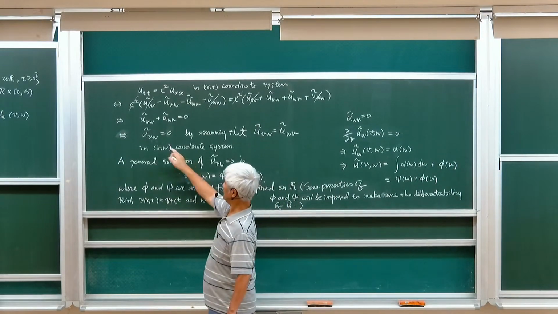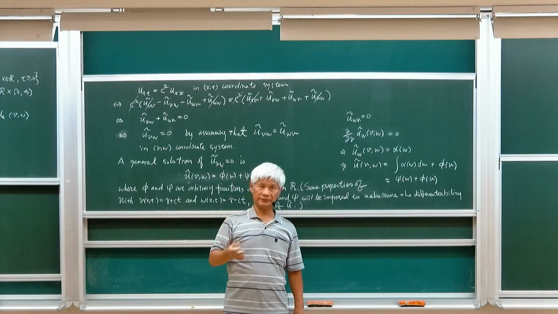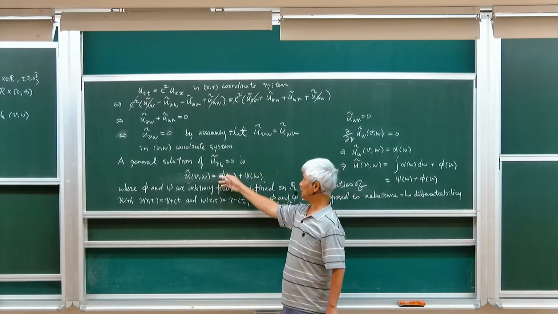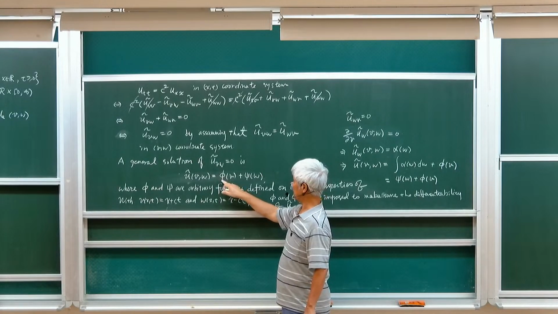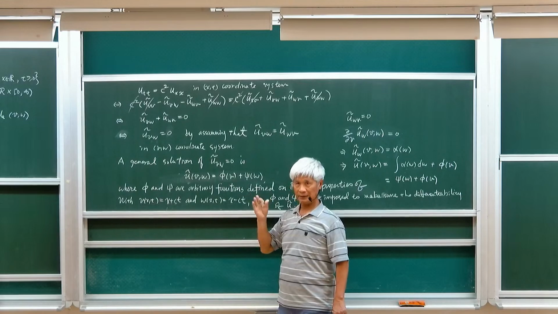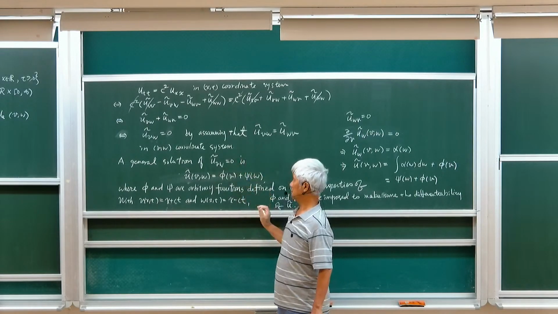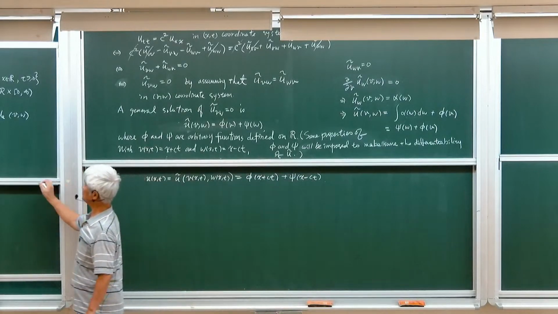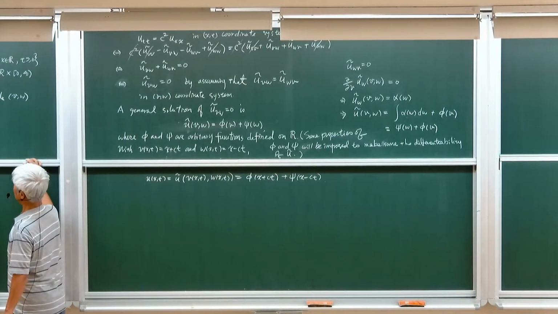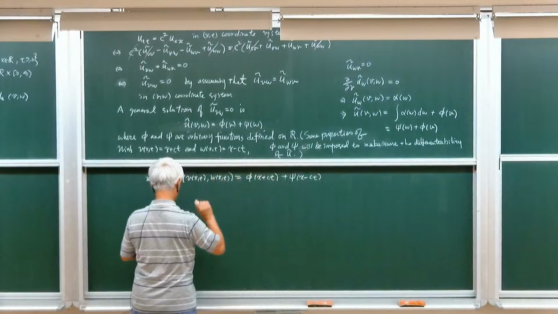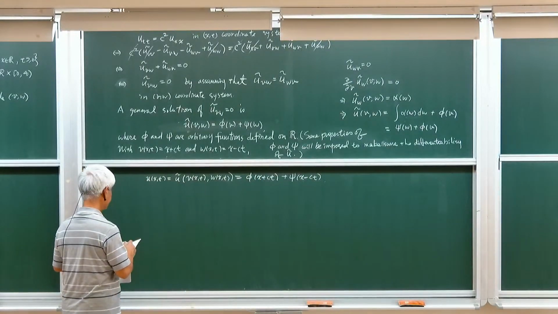And if we require that the second order partial derivative is continuous, then we need more information, more property about phi and psi. So you need to impose some additional properties. Okay, but at this moment, we just write down the general solution like here.